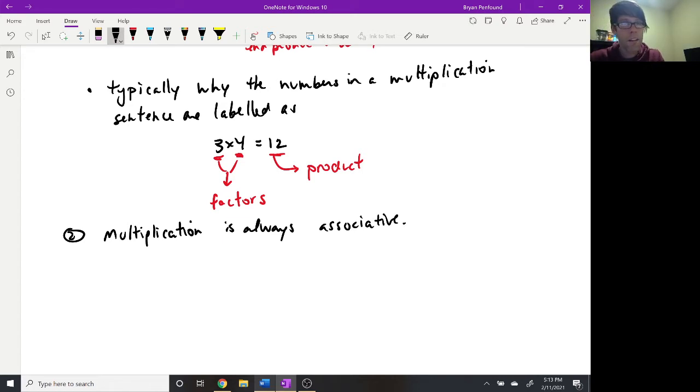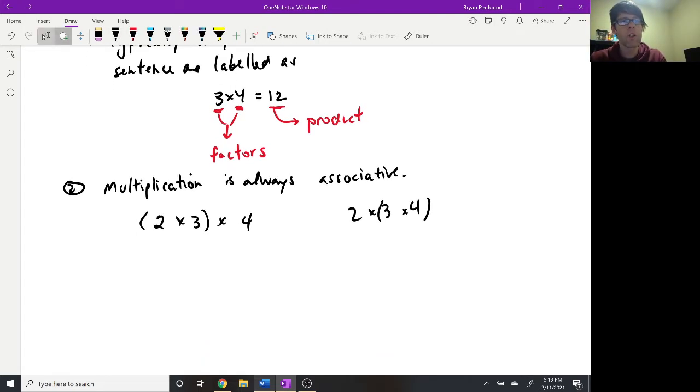And so that means if I have 3 numbers that are all multiplied together, so let's just take maybe 2, 3, and 4, it shouldn't matter which multiplication I start with. So I could start with 2 times 3, for example. That would give us 6.